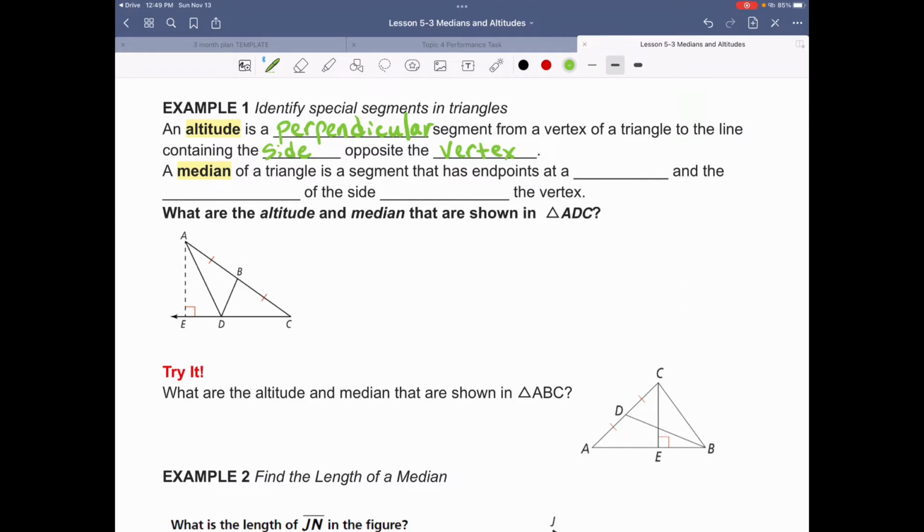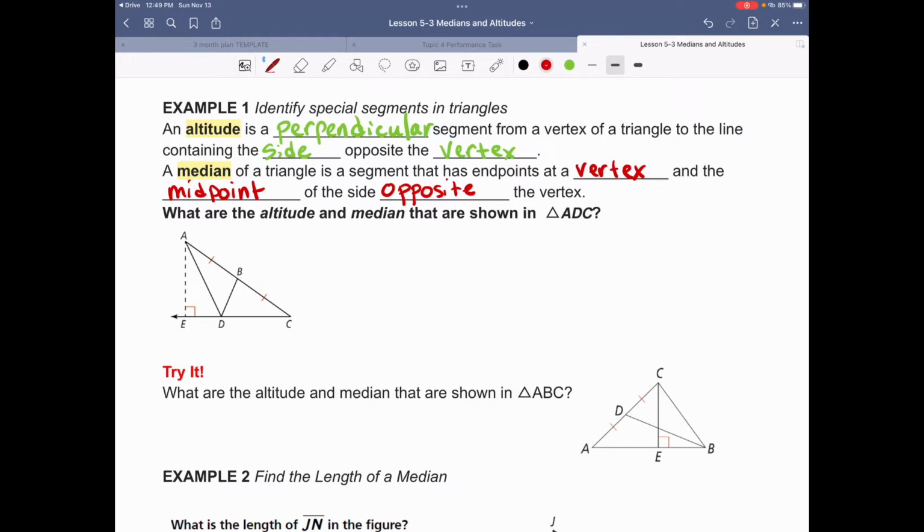And we will see in our next example what an altitude looks like. A median of a triangle is a segment that has endpoints at a vertex and the midpoint of the side opposite the vertex.